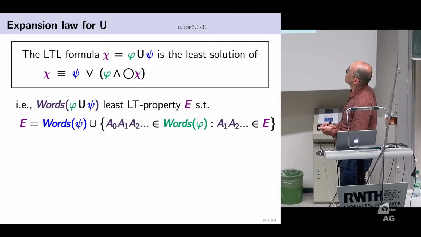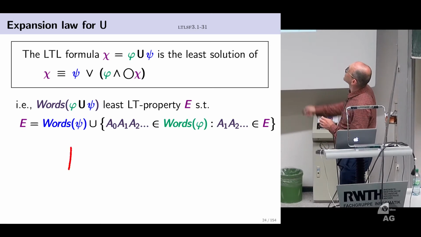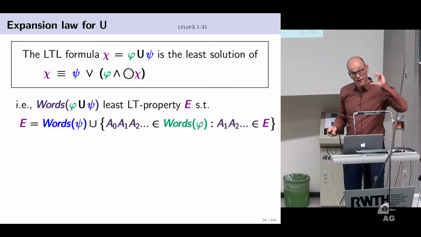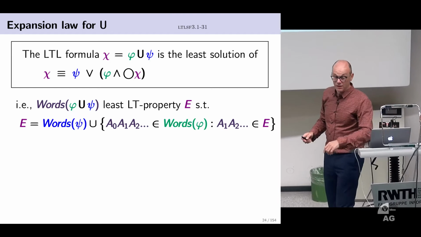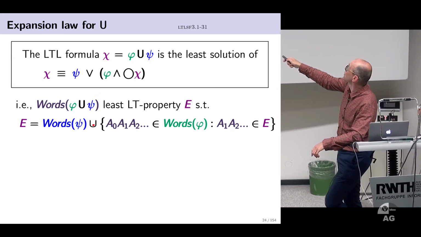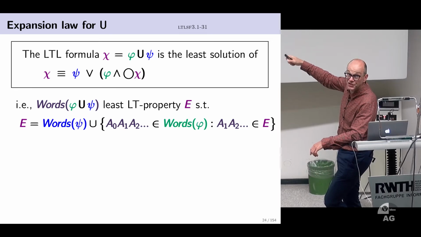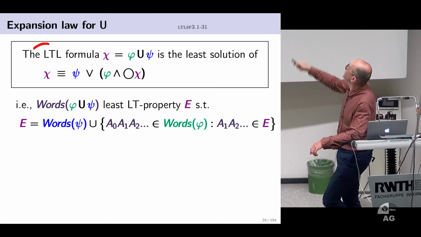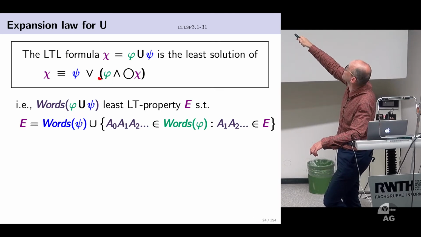Good. So if you look at this equation and consider every formula as just a set, then I hope you see that this disjunction becomes just a union in terms of sets. This psi becomes the set of traces described by this formula. So what remains is how we can capture this in terms of a set.